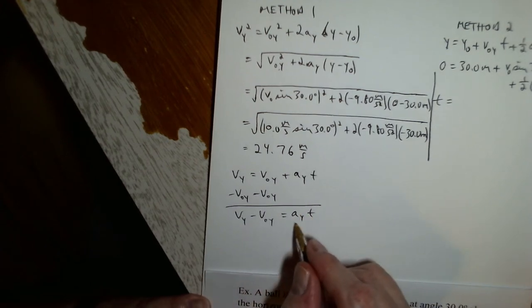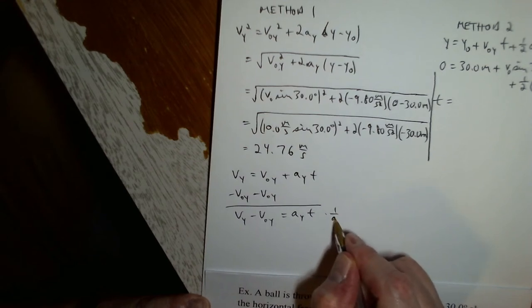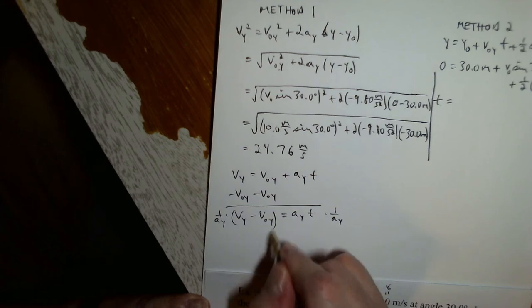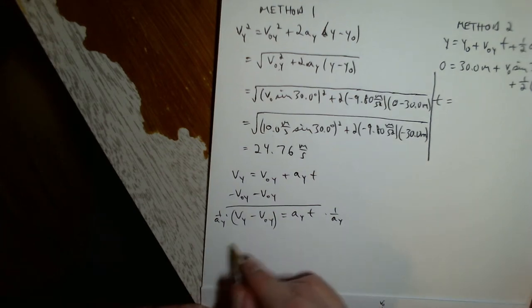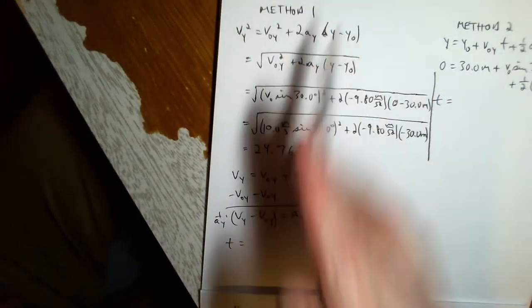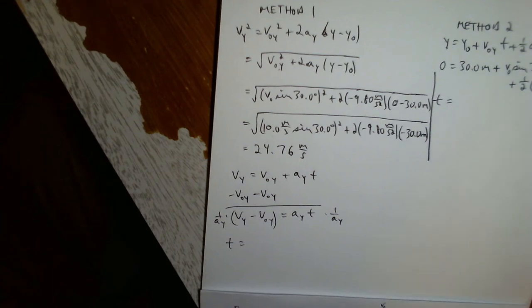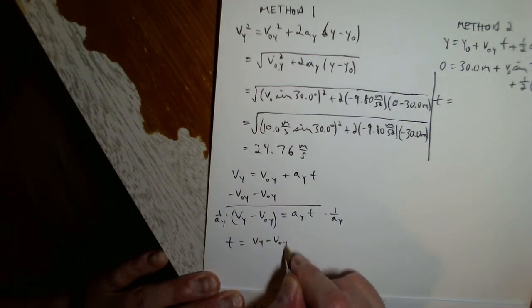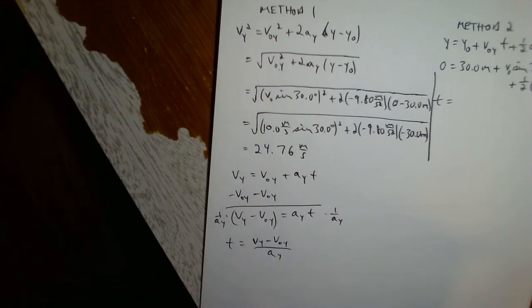I divide by ay on both sides, and I get that the time, notice that I'm calling the initial time time 0. That's what we do with these equations. And so the final time is how long it takes to fall. So t is equal to Vy minus v sub naught y over ay.